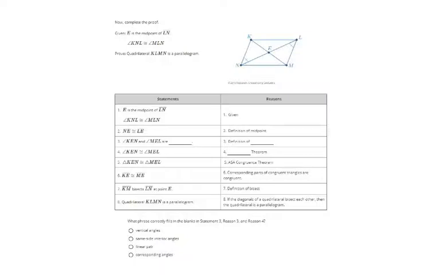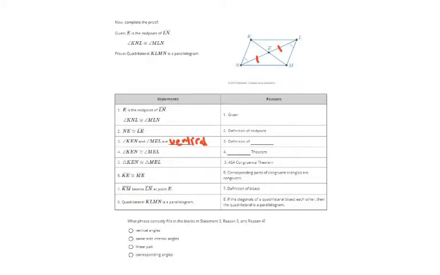And the last one for all of lesson 18 says that we need to prove that this quadrilateral is a parallelogram. So we start out with given. Then it says that NE is congruent to LE, and angle KEN and MEL are vertical angles.